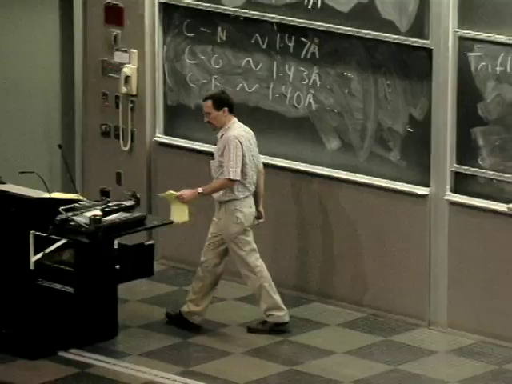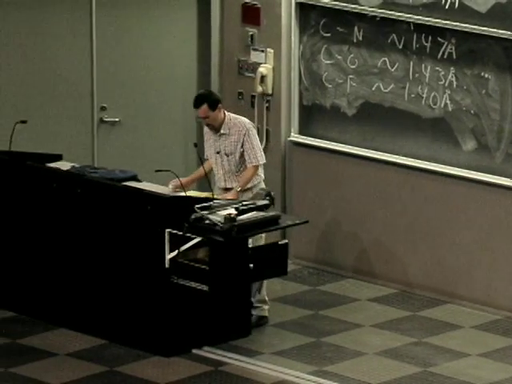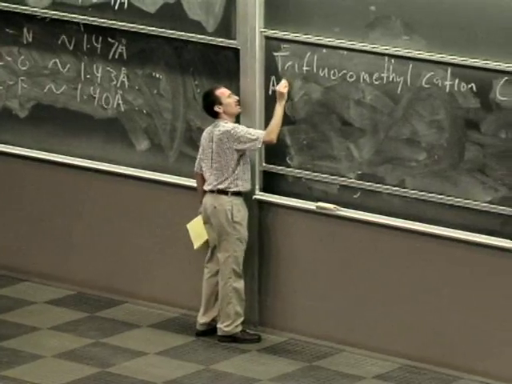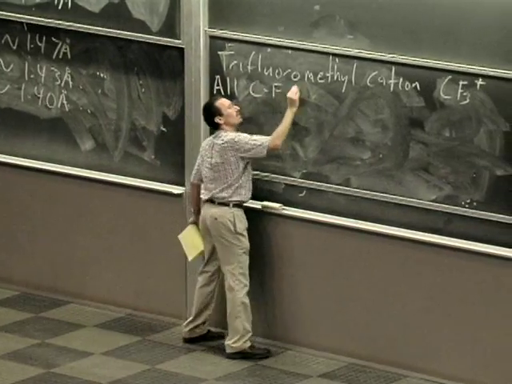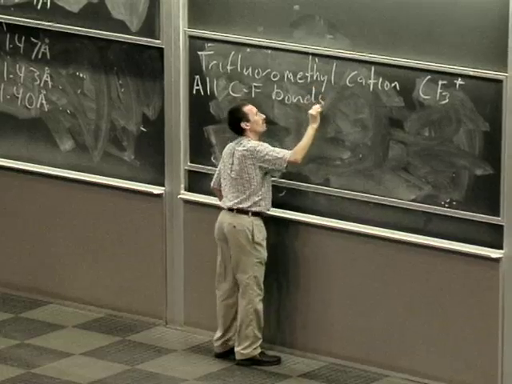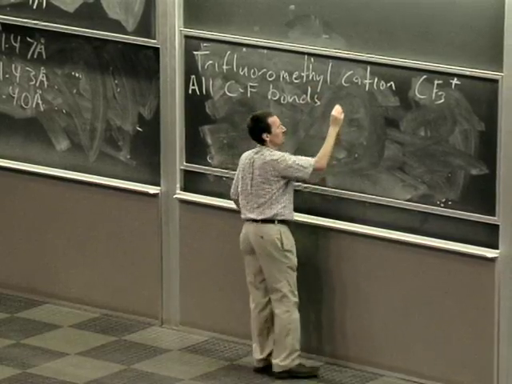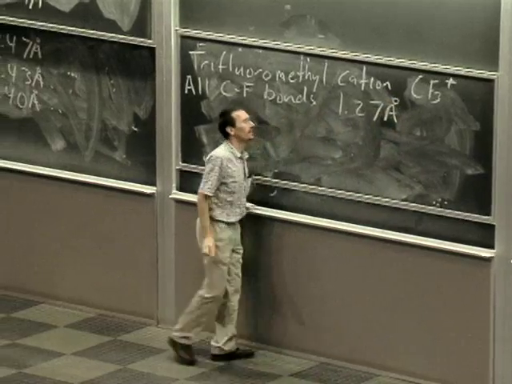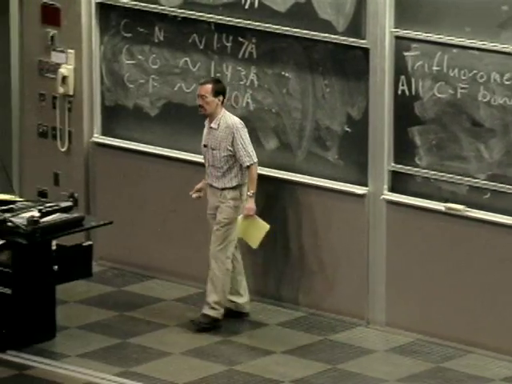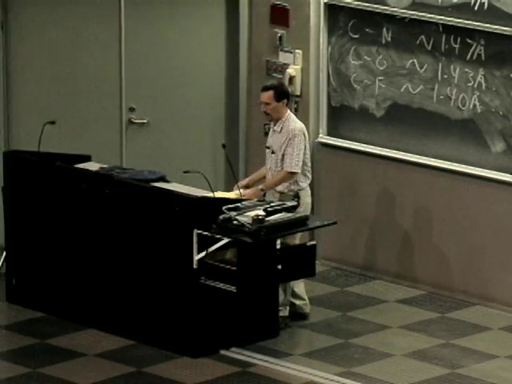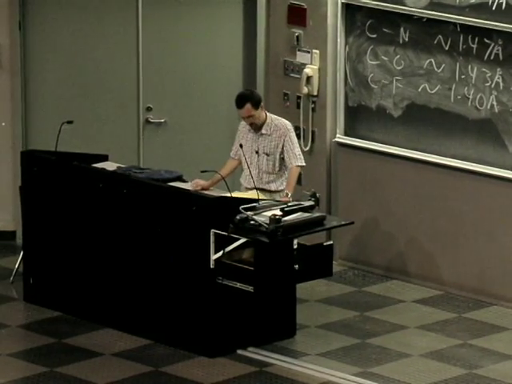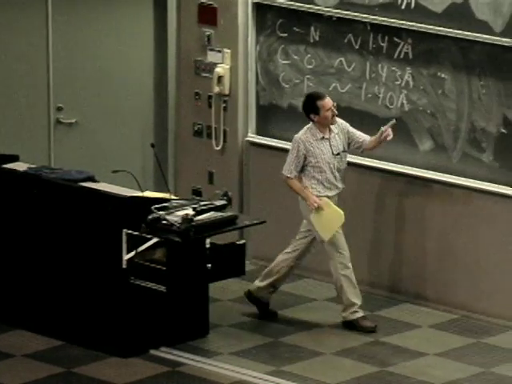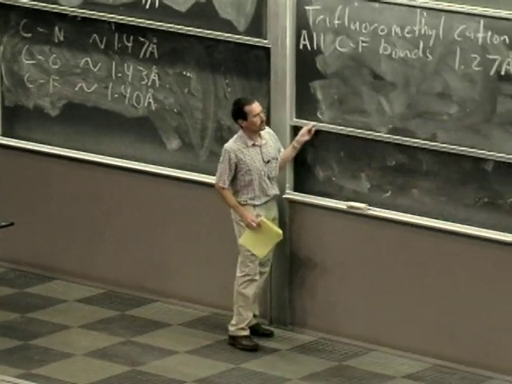It's a carbon with 3 fluorines bound to it and a positive charge. All the CF bonds are 1.27 angstroms. And remember, we said that a carbon-fluorine single bond is about 1.40 angstroms in length. So we have very little single bond character.